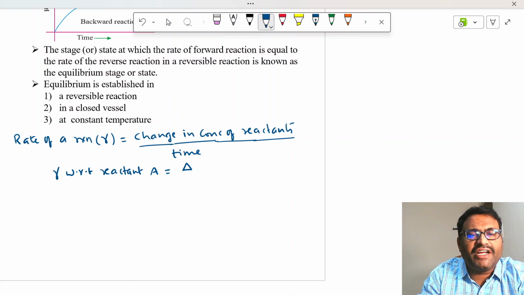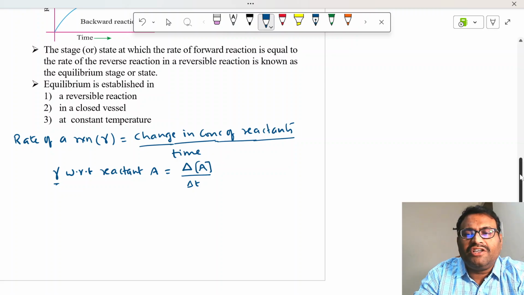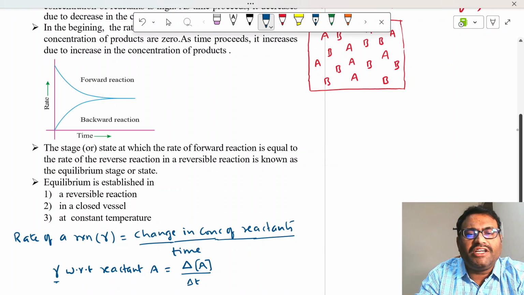Change in the concentration of reactant A. Whenever some reactant or product is represented in square brackets, we have to remember that it is the concentration of the reactant or product, divided by the change in time. So this is called the rate with respect to A. This change will be more initially.